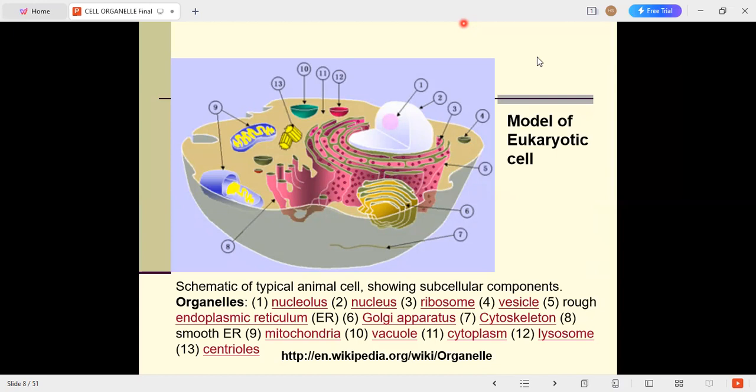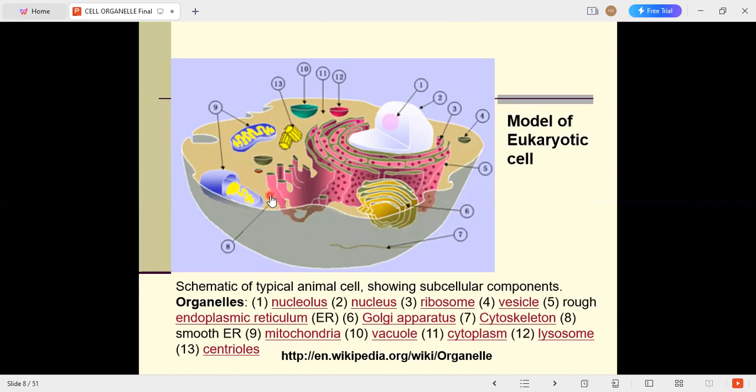Here you can see a variety of organelles in a eukaryotic cell like the nucleolus, nucleus, ribosome, vesicle, rough endoplasmic reticulum, Golgi apparatus, smooth endoplasmic reticulum. Here is the smooth endoplasmic reticulum.